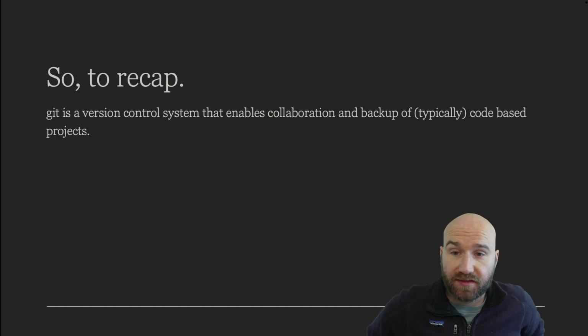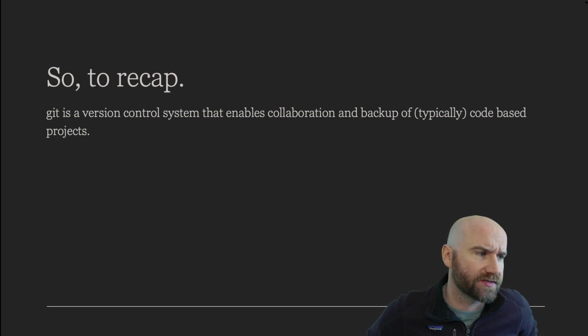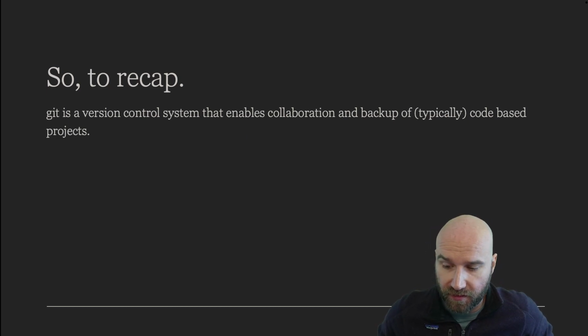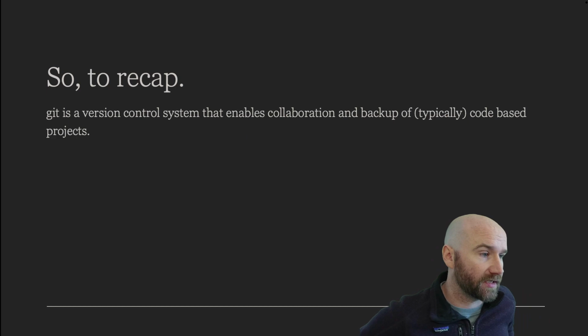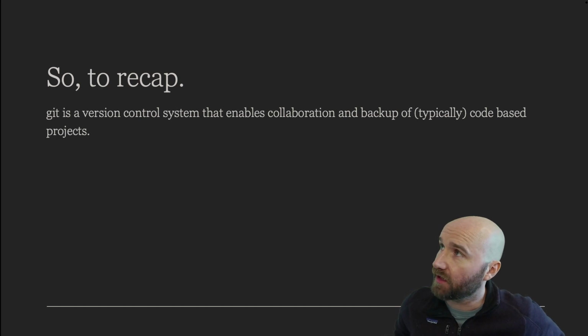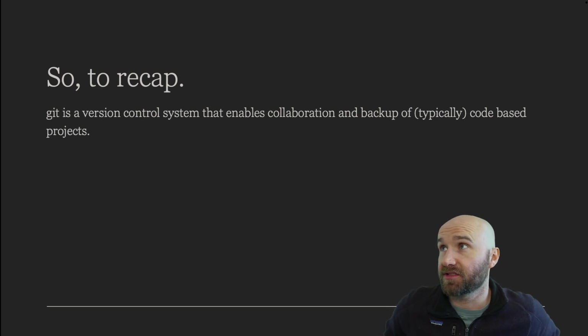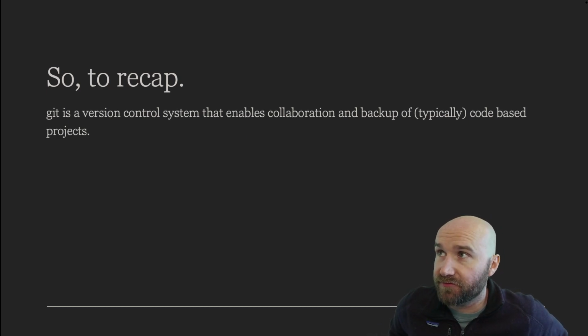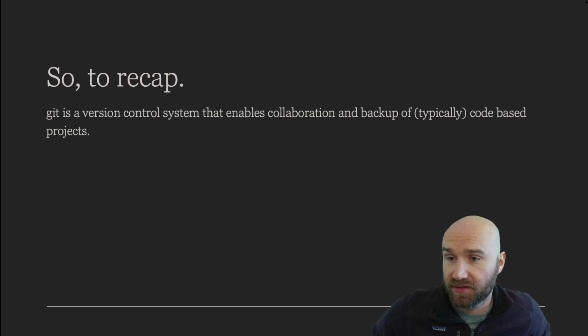So Git is a version control system that enables collaboration and backup of typically code-based projects. I say code-based, but you can have all different types of work inside Git. If you have binary files and stuff, it can be quite hard to keep track of in Git, though still handy for a backup. So if you have a PowerPoint, although they're PPTX at the moment, maybe it's okay, but it can be difficult to quantify the changes in documents like that.